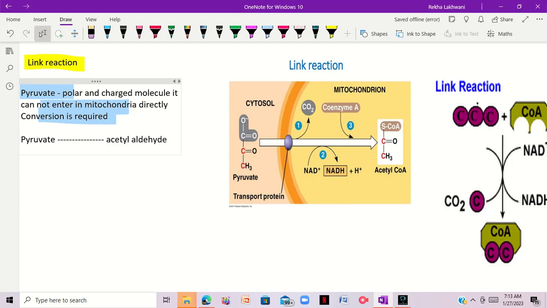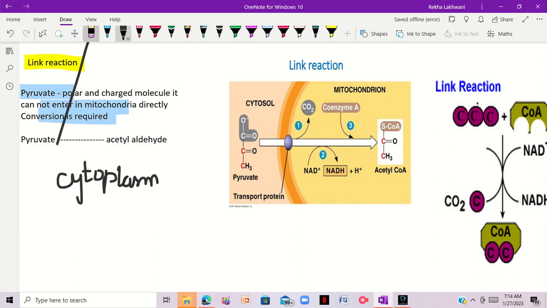Basically this reaction is happening in the cytoplasm. Pyruvate is converted into acetaldehyde with the release of one molecule of carbon dioxide.